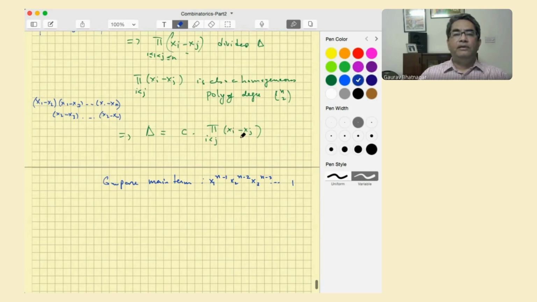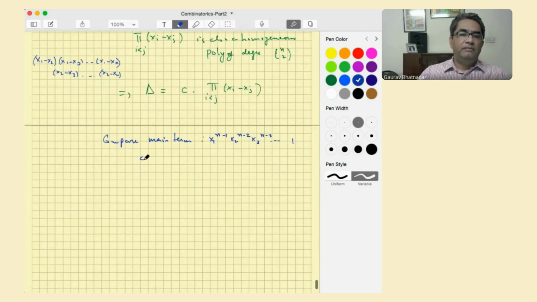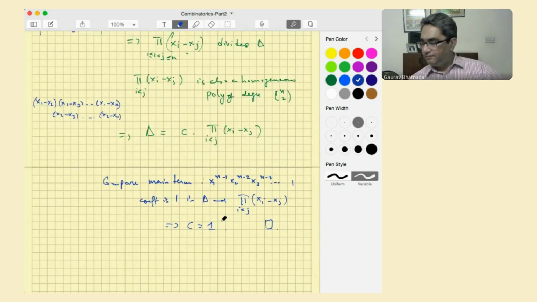Main term meaning you're multiplying all these factors, then these, and so on. The coefficient is 1 in delta and in this product. So this implies that C is equal to 1. Okay.